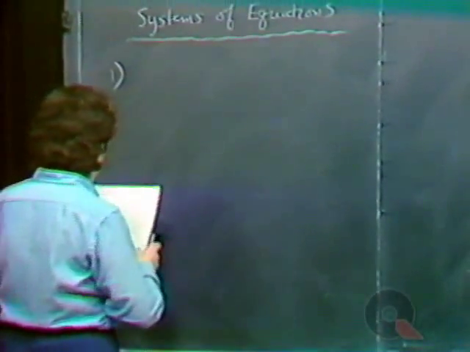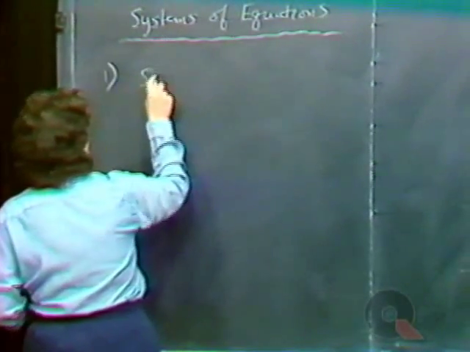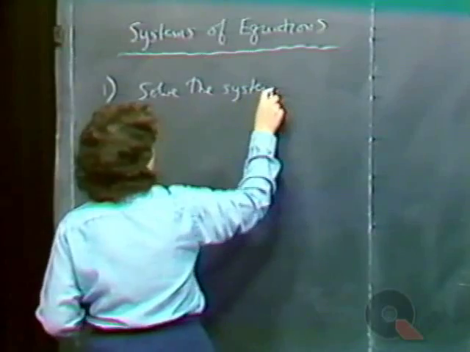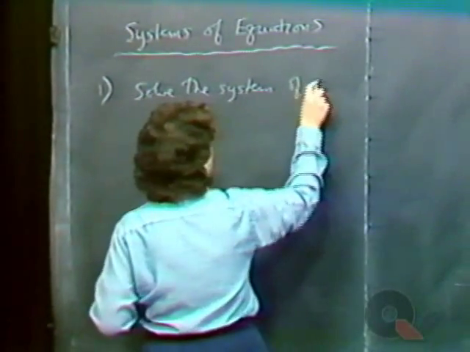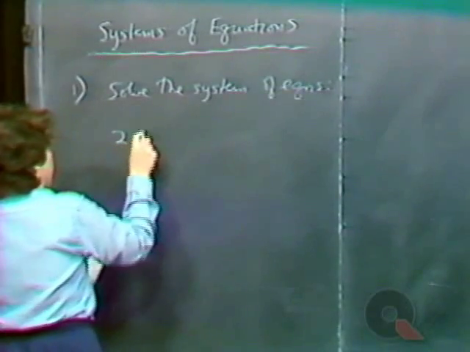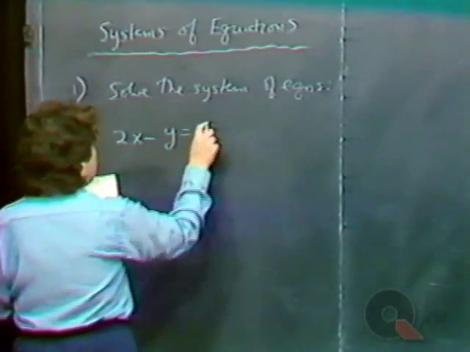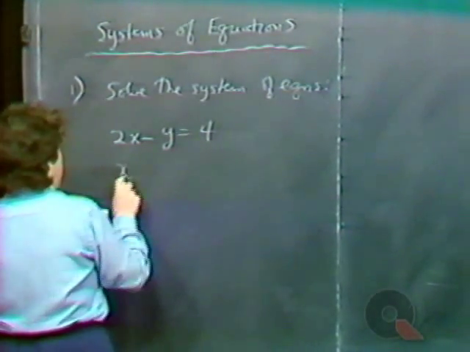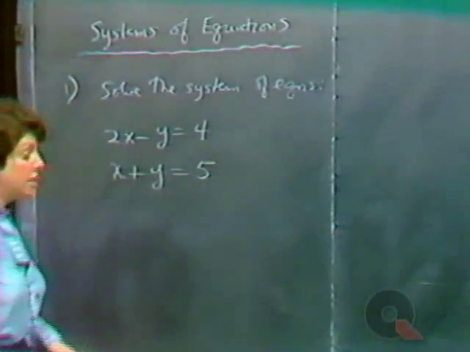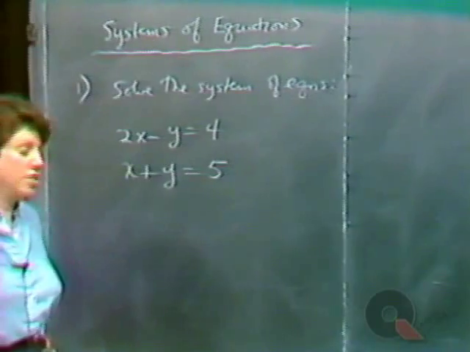First pair of equations. We want to solve a system: 2x minus y equals 4 and x plus y equals 5. Now, this is a particularly simple system of equations to solve.